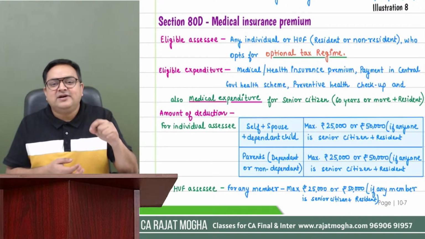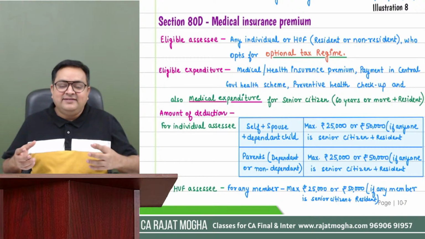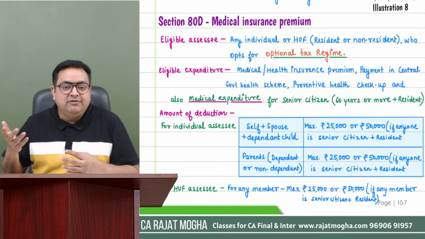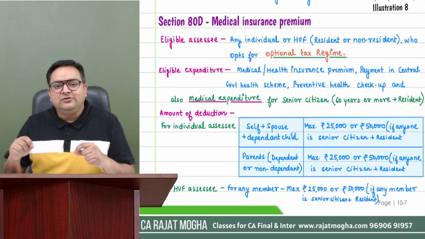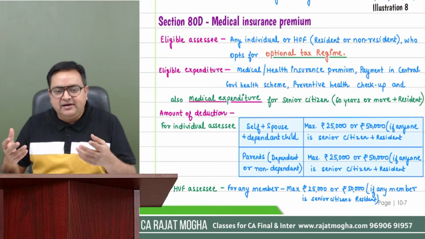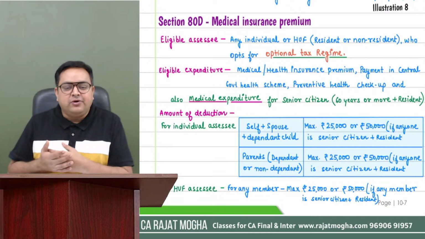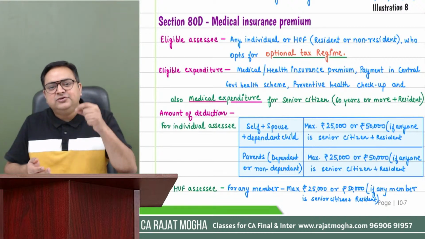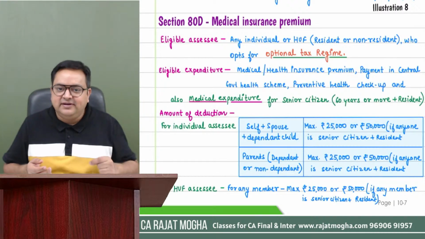So these insurance companies don't give insurance to such people. So if the assessee is paying for their mother or father and they are not getting the facility of insurance, then 80D says that if insurance could not be done for your parents, or if the assessee himself is a senior citizen and is not getting an insurance policy, then even the expenses which you are paying for your medical treatment are allowed under 80D.